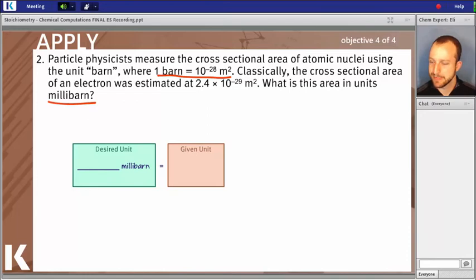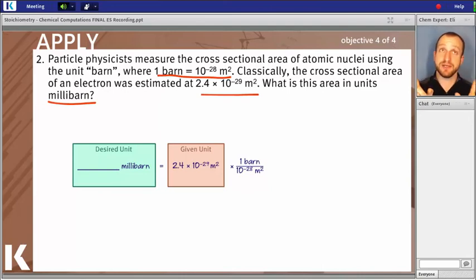Given, well, we have this estimated value of 2.4 times 10 to the negative 29, so that must be our given value that we're going to convert over. Okay, meters squared, I can't go right to millibarns. Let's convert to barns. That was the first thing I underlined here in the problem. Perfect. Again, making sure my meters squared is in the denominator, so I'm canceling it out. Barns is in the numerator. Great.